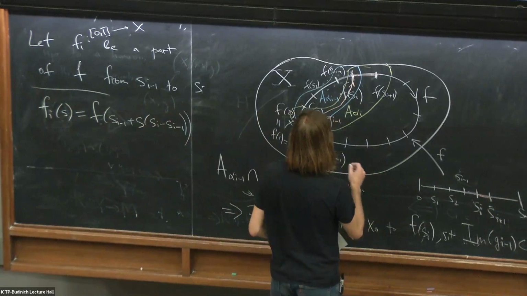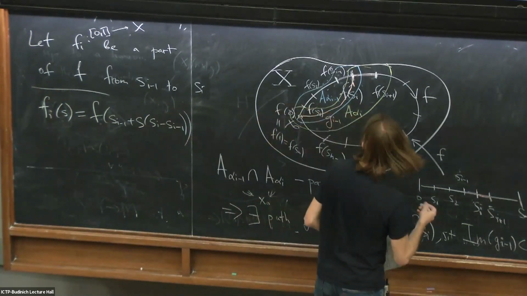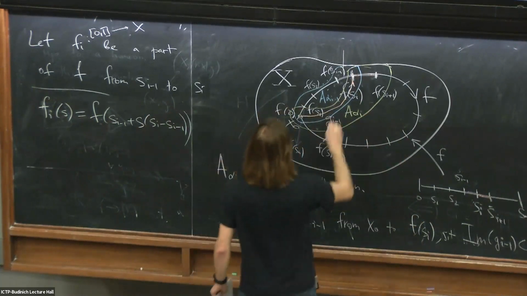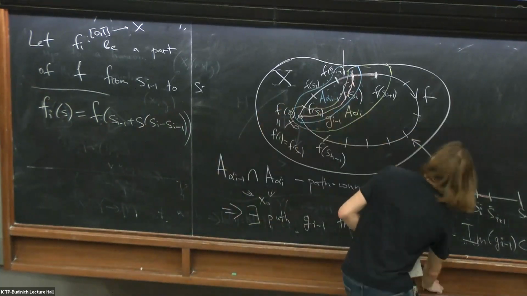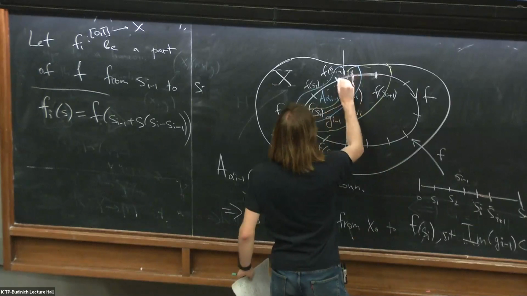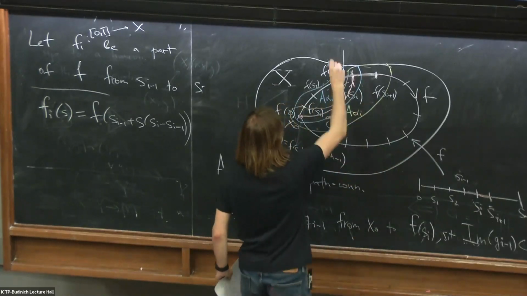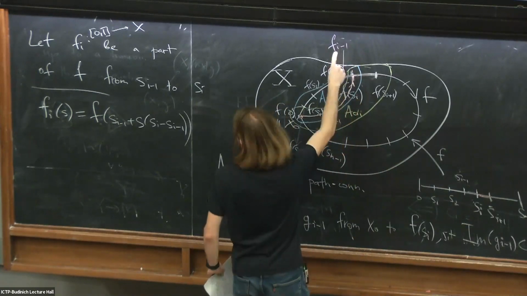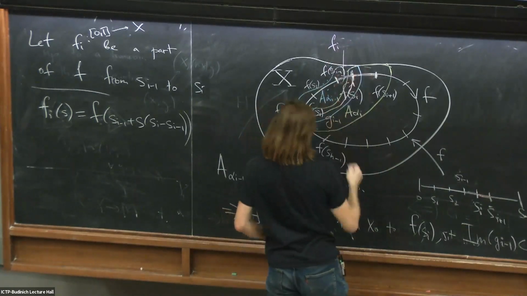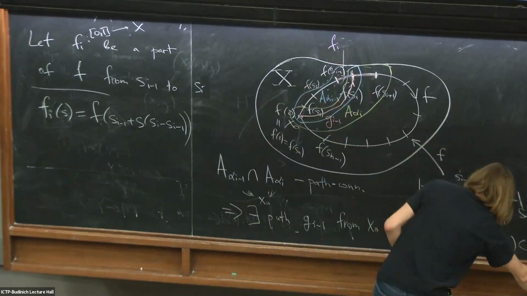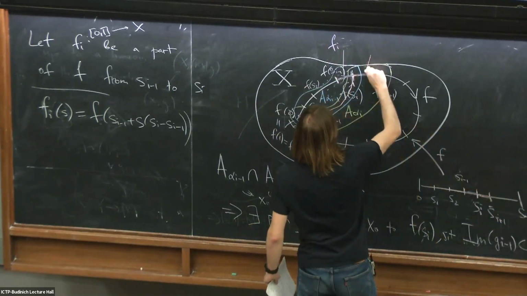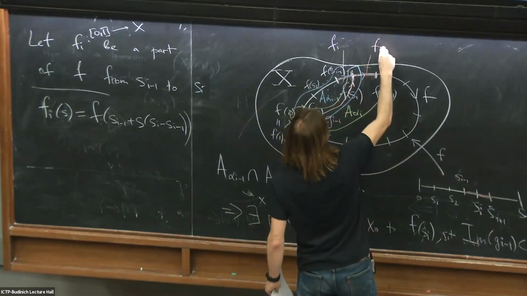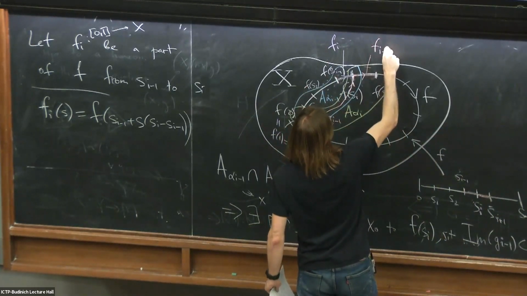This picture becomes a bit messy already, but this part which I drew in this violet color is our f. This small path is f i, and this red-orange small path is f i plus 1.